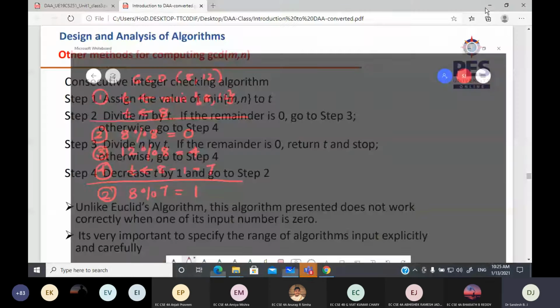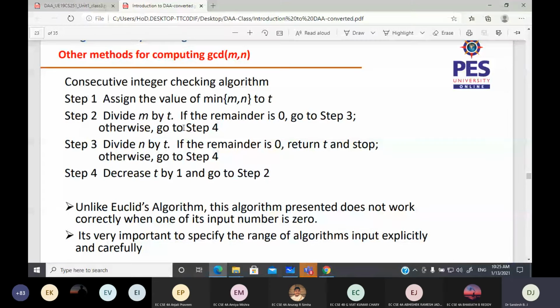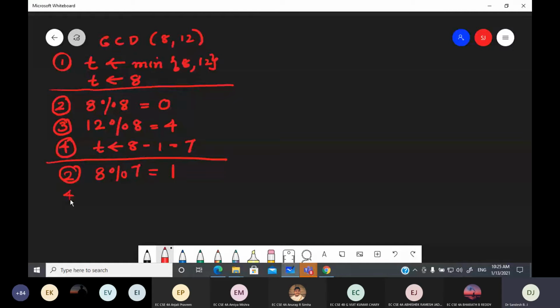When you divide m by t, if the remainder is 0, we go to step 3. Otherwise, we go to step 4. Step 4 is again decreasing t by 1, so 7 minus 1 is 6.